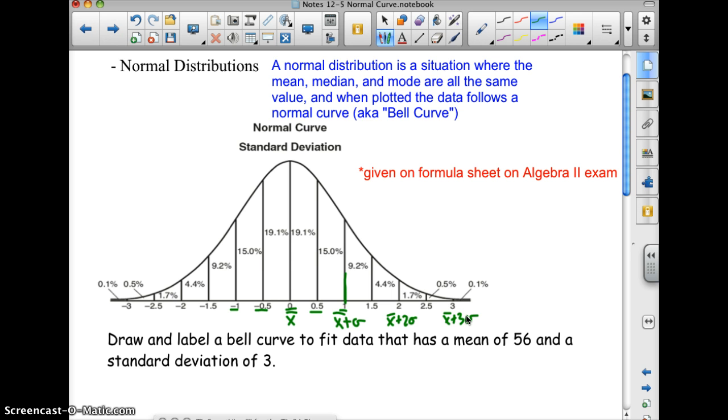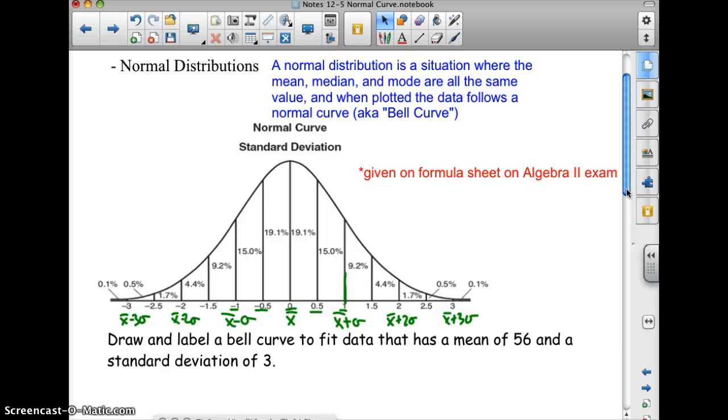And likewise down this way, this one's X bar minus sigma, this one is X bar minus 2 sigma, and this one is X bar minus 3 sigma. So when it's talking about being one standard deviation above the mean, it's talking about being at that place in the bell curve.